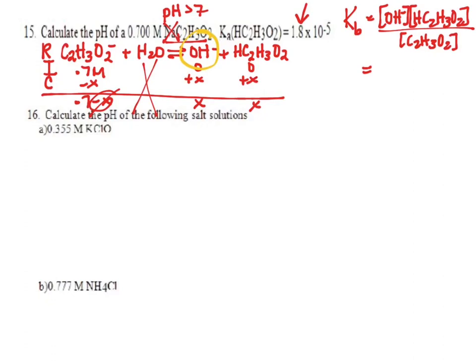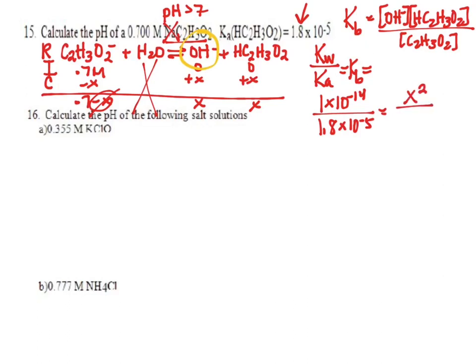So to get to Kb, we need to take Kw. Kw over Ka is equal to Kb. So Kw is 1 times 10 to the negative 14 over 1.8 times 10 to the negative 5, which is equal to x squared over 0.7.